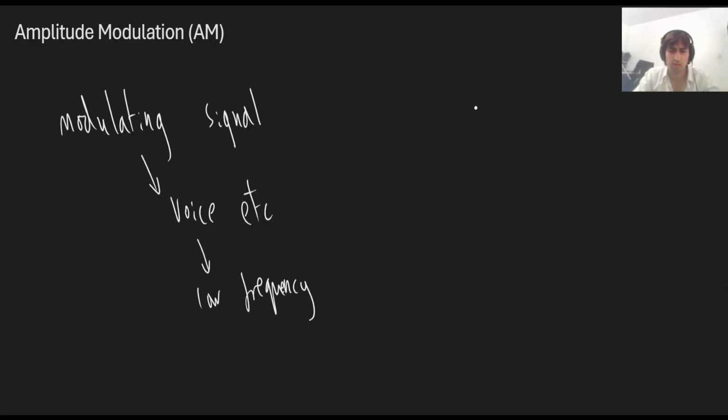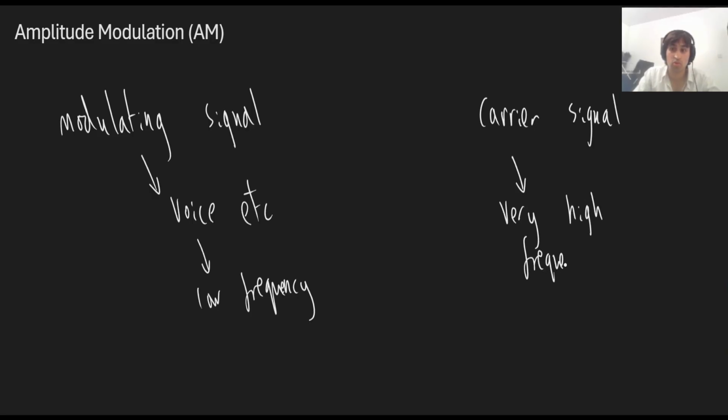The second type of signal it uses is the carrier signal. A carrier signal is just a very high frequency signal, and we can choose its frequency. We can choose what our carrier signal is.